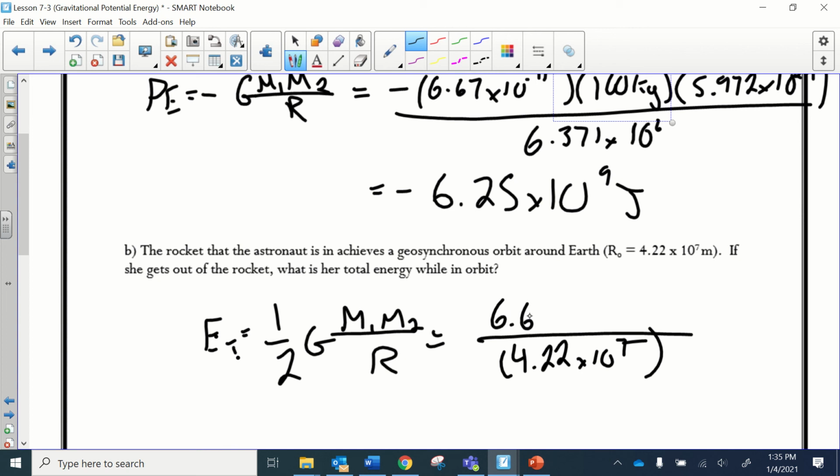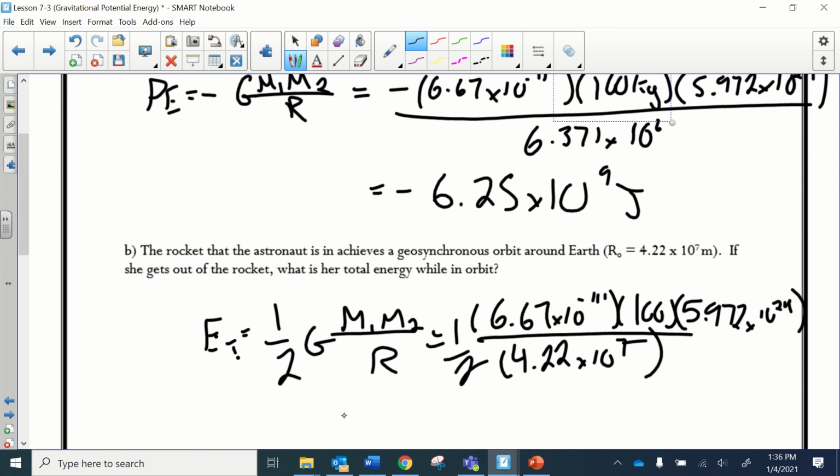So it's 6.67 times 10 to the negative 11 times 100 times the mass of the Earth, 5.972 times 10 to the 24, times 1/2, divided by 4.22 times 10 to the 7.